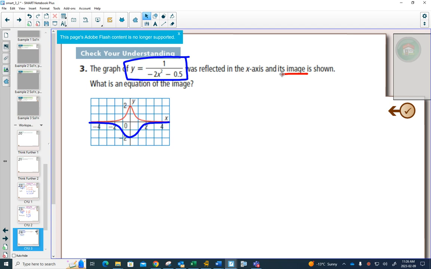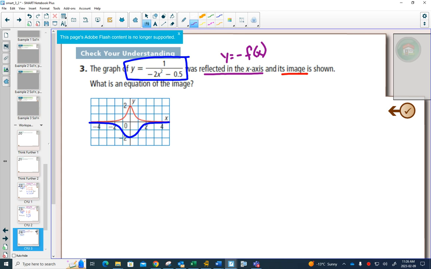Okay. What is the equation of the red graph is what we're trying to find. So again, when you see this reflected in the x-axis, you should think about all of the things, including the algebra, that this is a vertical reflection, meaning that the negative would be outside of the function.